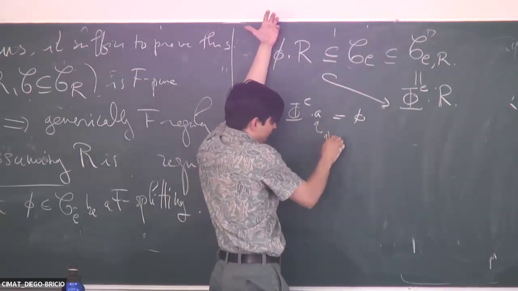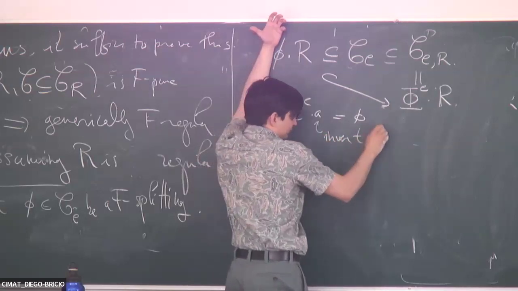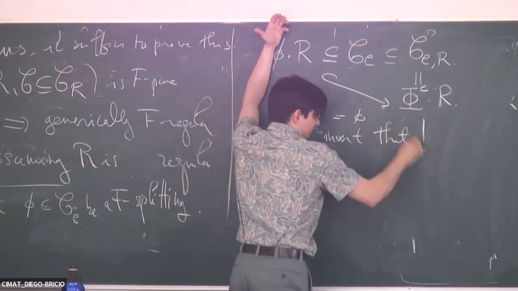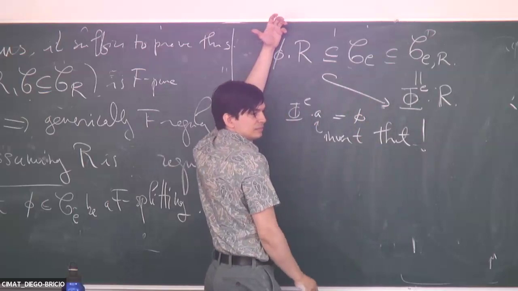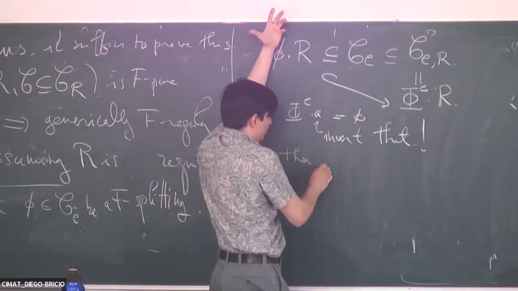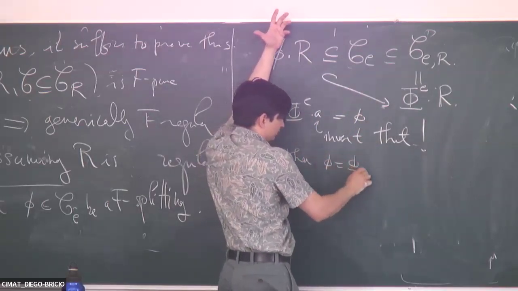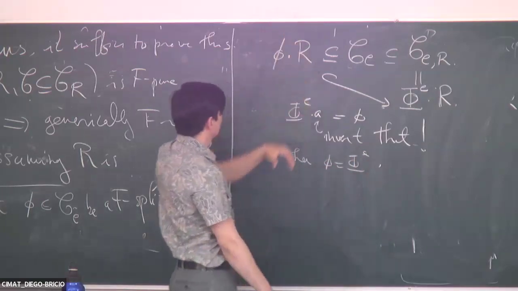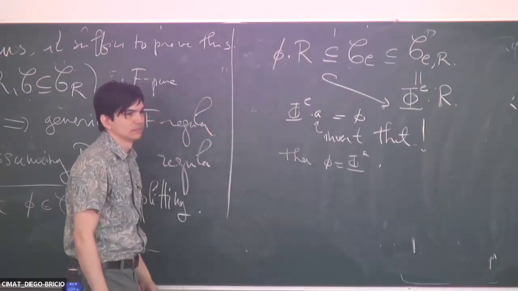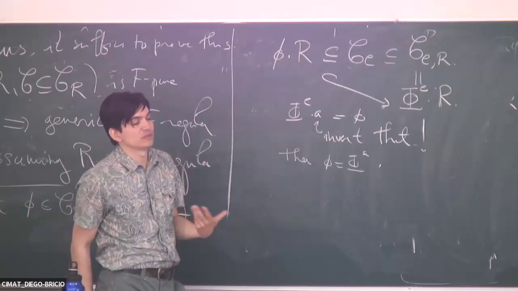Invert that. Then phi is phi e. So I can take phi to be the Frobenius trace.